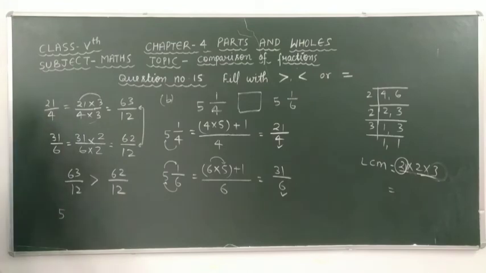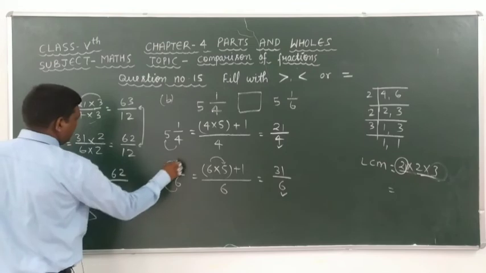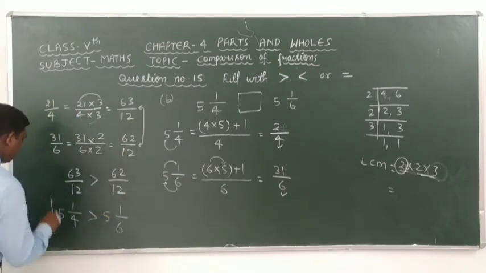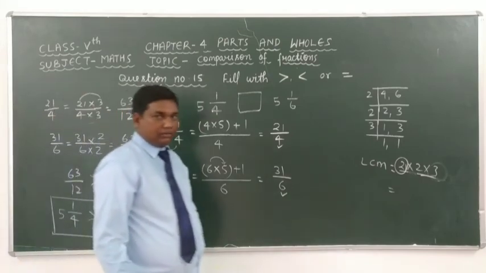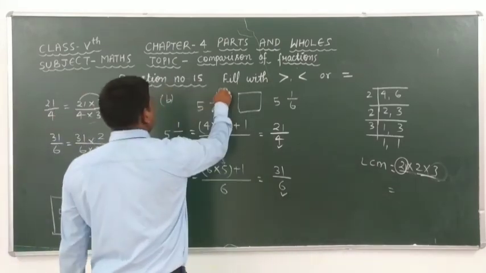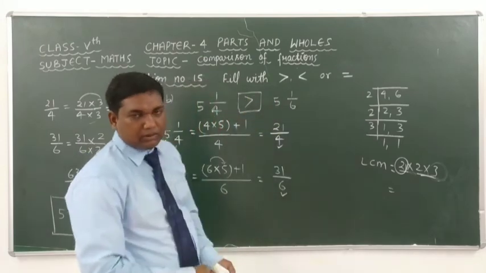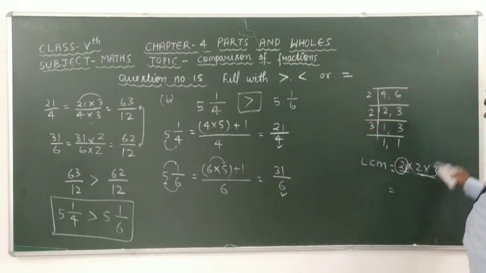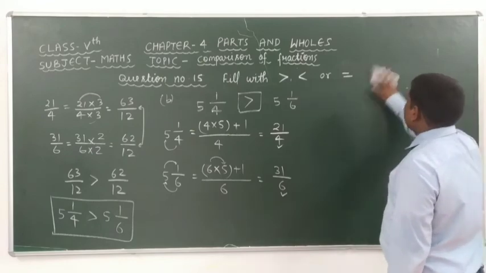Therefore, 5 mixed 1 over 4 is greater than 5 mixed 1 over 6. This is the answer. Okay, similarly we can solve all given questions. If any student has any doubt, please ask me.